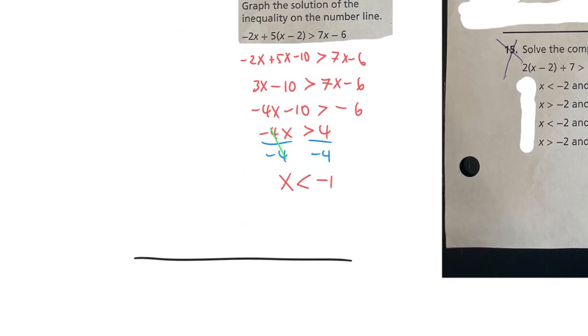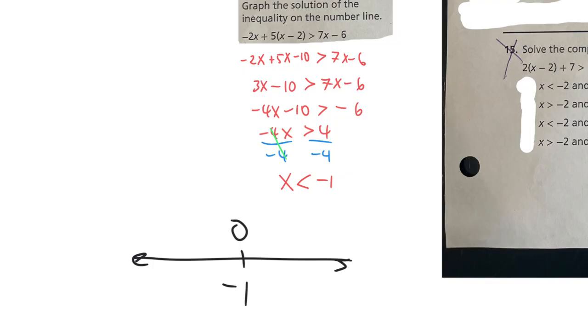When you graph it, draw a number line, note the critical value, and then note whether or not it's going to be an open or closed circle. In this case, it's open because there's no underline underneath that inequality. And then note which direction the arrow goes.